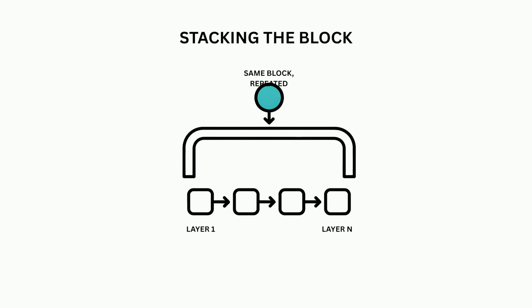Each block takes the previous block's output and refines it further, building progressively richer representations of the text. Early blocks might capture basic grammar, deeper blocks capture meaning, tone, and long-range context. It's the same depth equals abstraction principle from deep learning, just built from attention blocks instead of simple hidden layers.